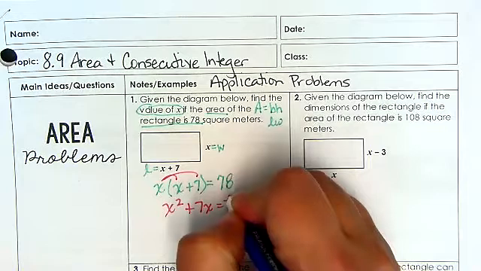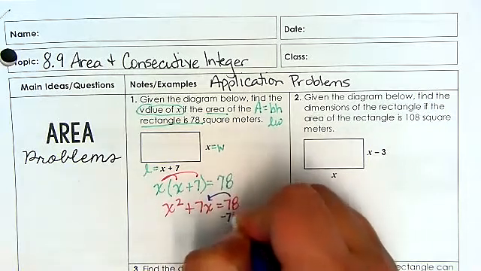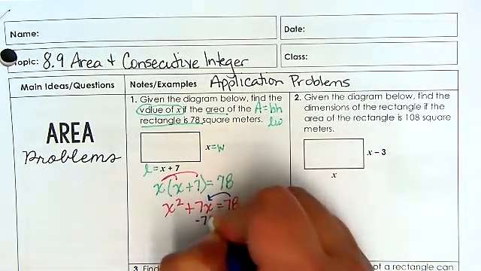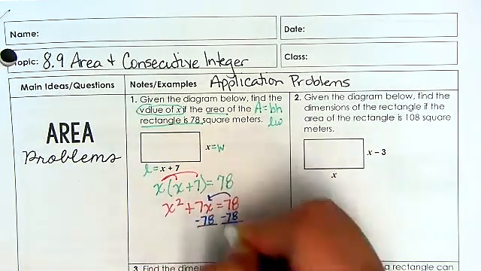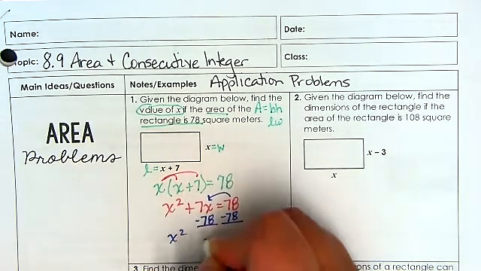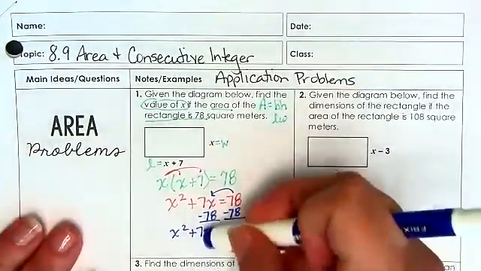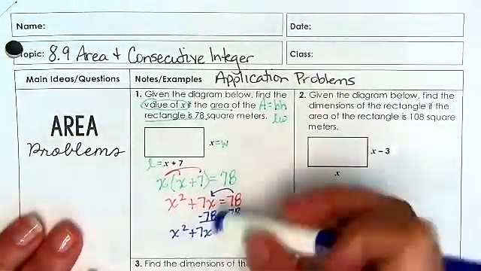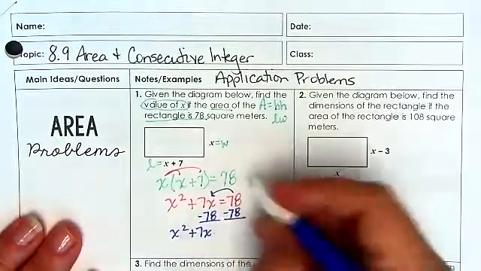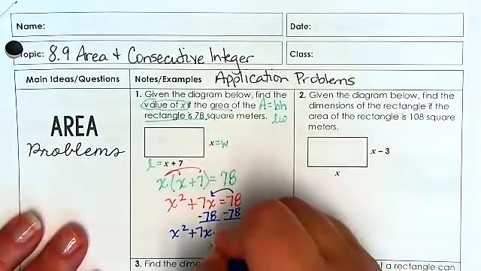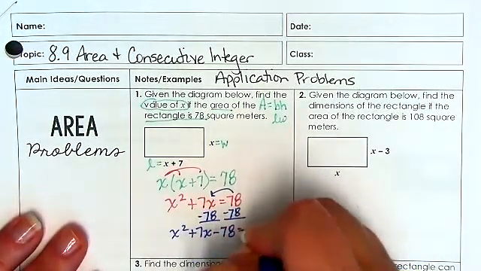We are going to move the 78 over here, so I'm going to subtract 78 from both sides, and I'm going to get x squared plus 7x minus 78 equals 0.